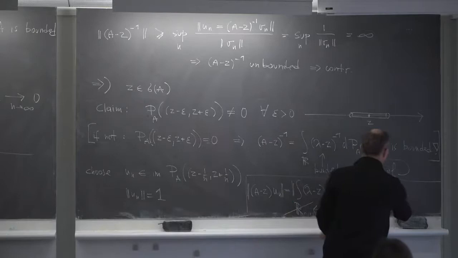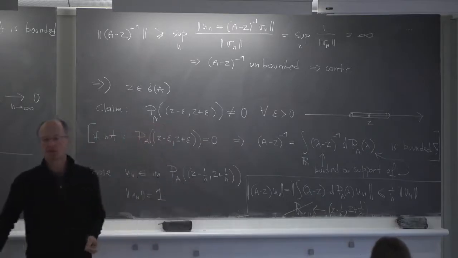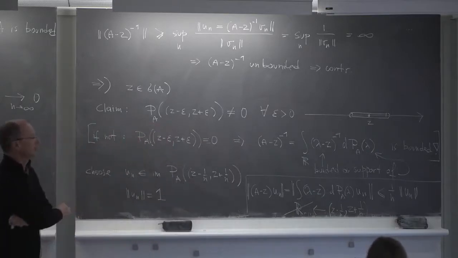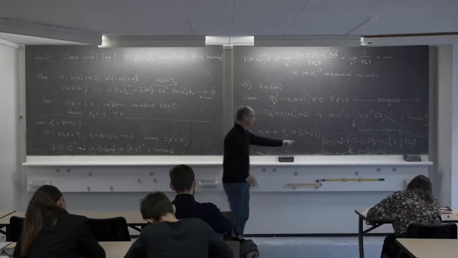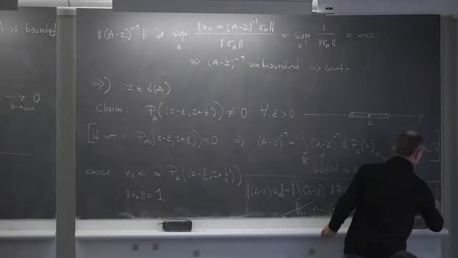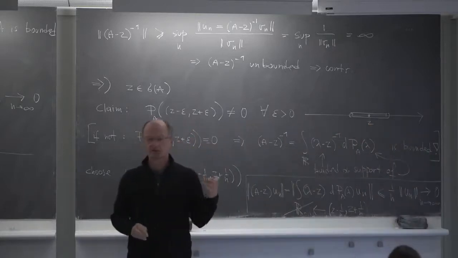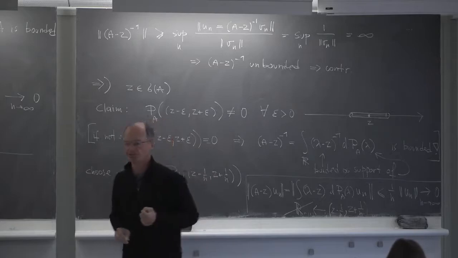So it's less than or equal to 1 over n times the norm of u_n. Now it is clear that this converges to 0 when n goes to infinity. So that's the sequence that we want.